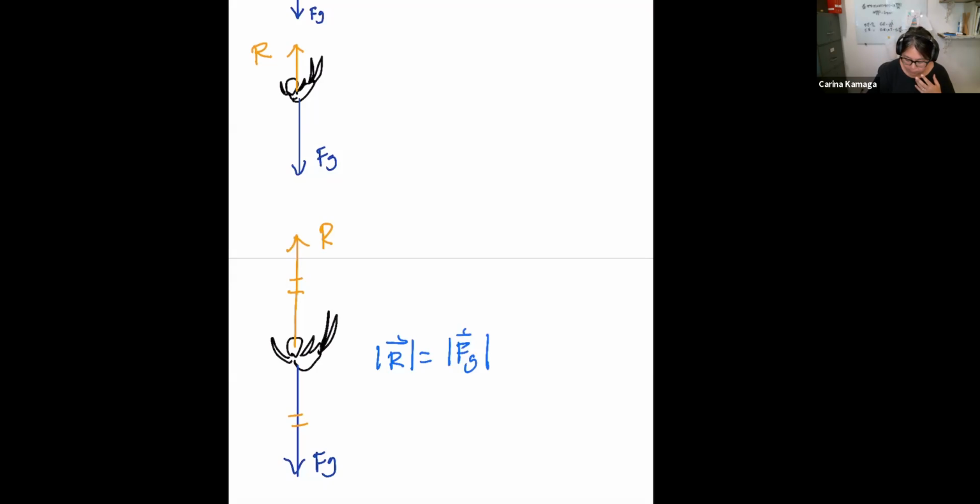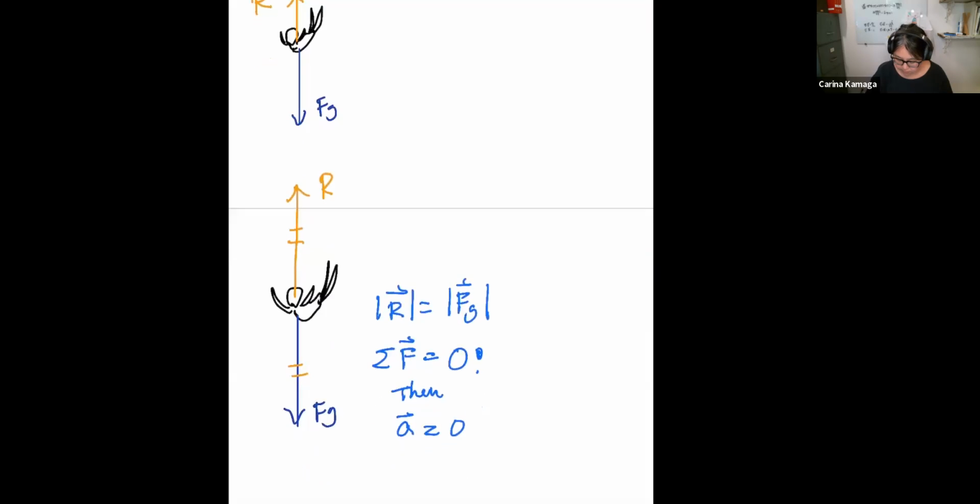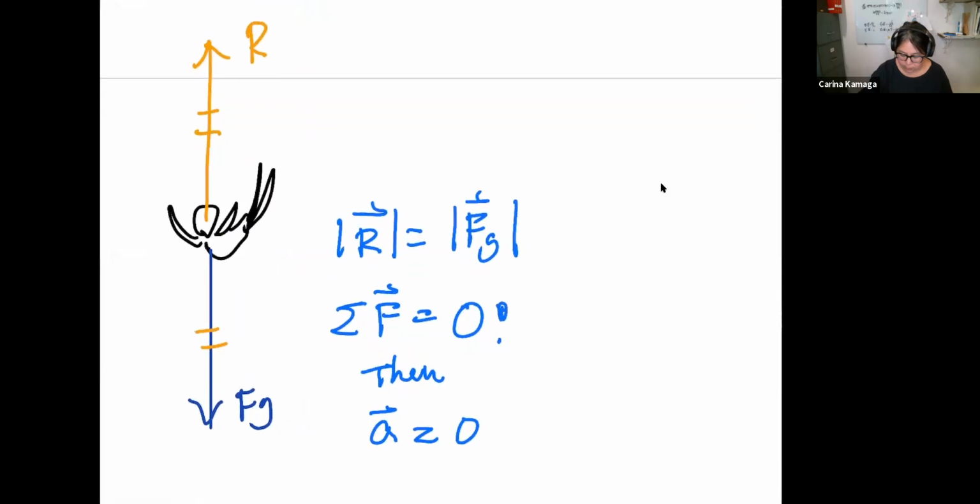Then what is its net force? Net force is 0. When the net force is 0, what's its acceleration? Acceleration is 0. So when acceleration is 0, we call this condition acceleration is terminated.